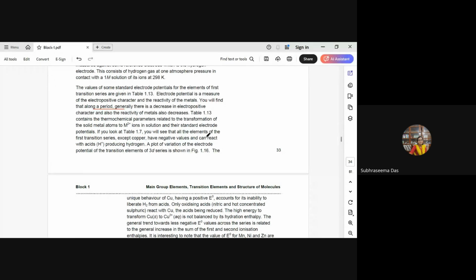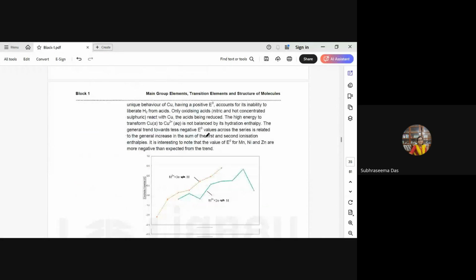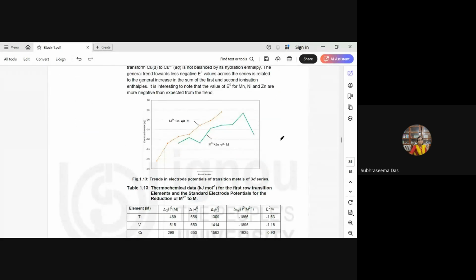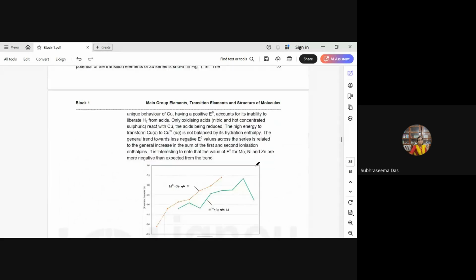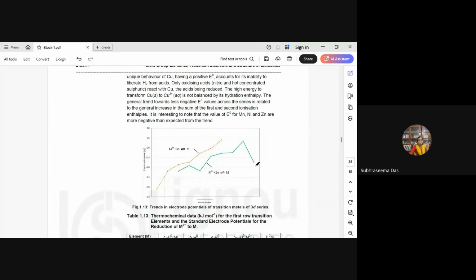Here I plot the variation of the electrode potential, shown in figure 1.13. Now we can see the unique behavior of copper: because copper has a positive E0, it cannot liberate hydrogen from acids. Only oxidizing acids react with copper, that is nitric acid, and it should be hot concentrated nitric acid.